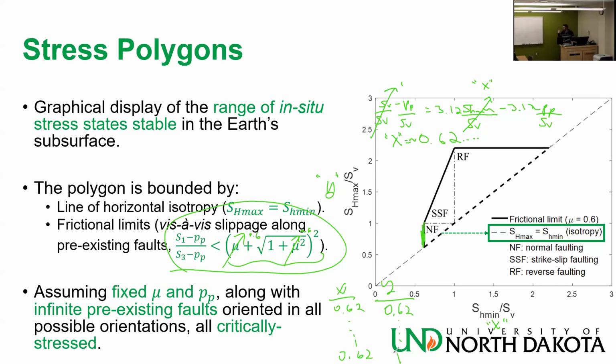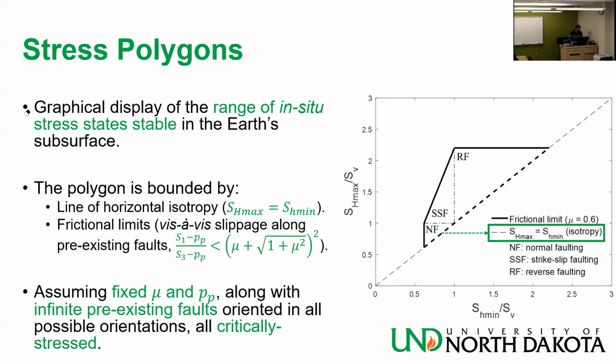But I was saying, if you didn't know you have to do it this way, you can draw a much bigger line and then understand which part you need to cut. You can draw a line like this, and then cut the portion that doesn't fall into the normal faulting region. Because remember, normal faulting is this triangle. So the portion of the line that is in that triangle is the one that you need. That is how you do normal faulting.